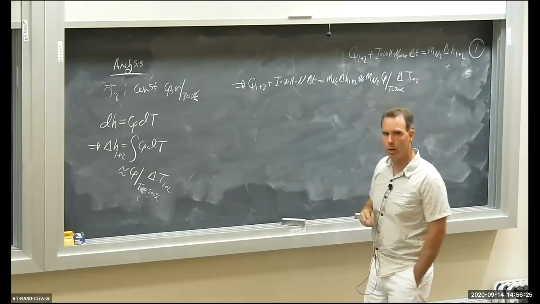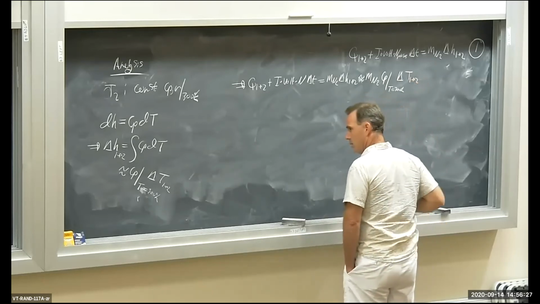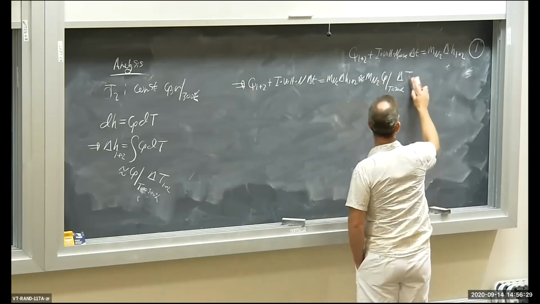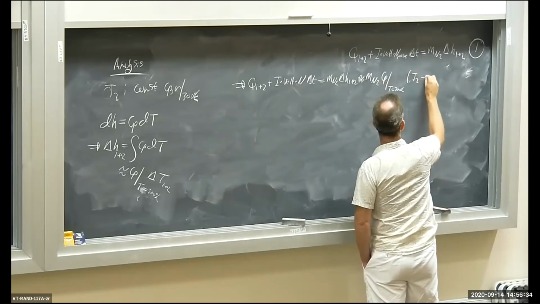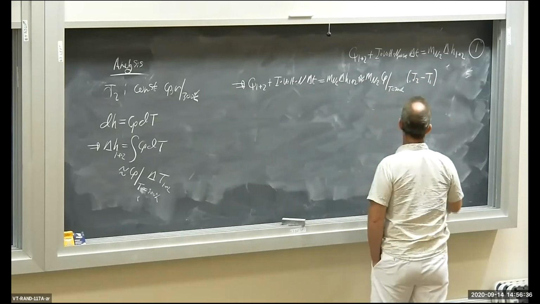And the delta T 1 to 2 is T2 minus T1. Okay, that's my delta T.